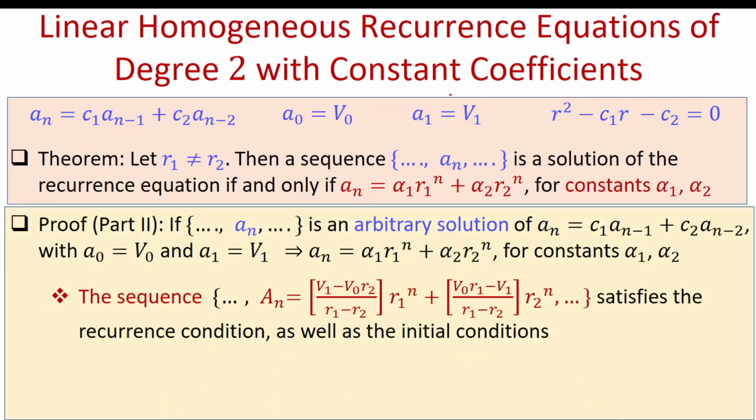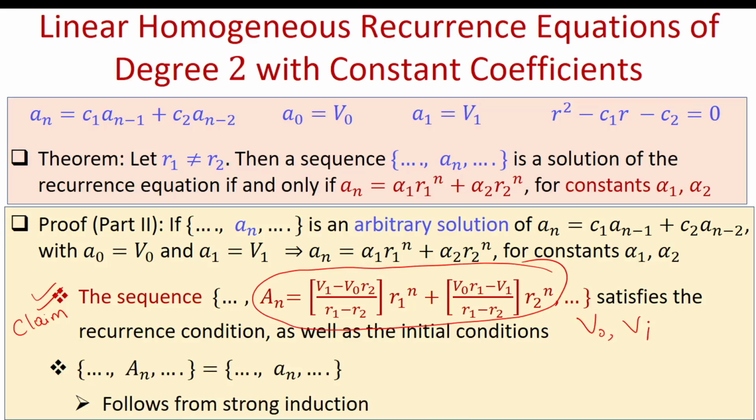So our goal was to prove this claim. Okay. And we proved it. We proved that indeed any capital A sequence, a sequence whose nth term is this, satisfies the recurrence condition as well as the initial conditions V0 and V1.